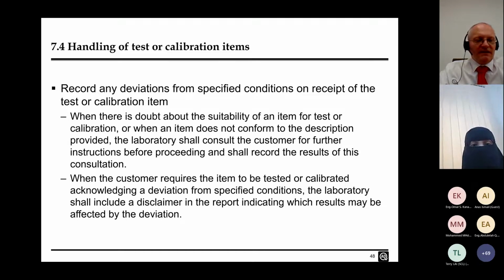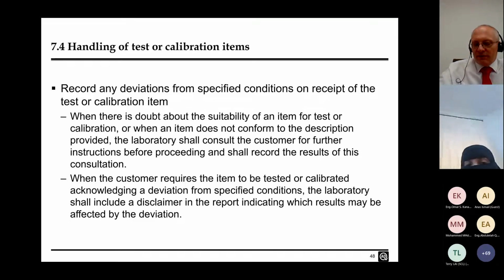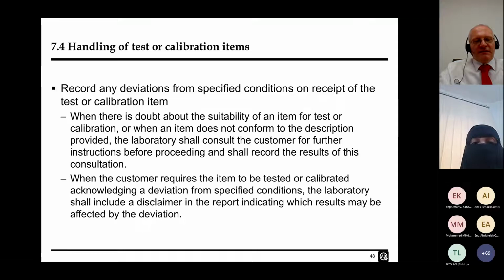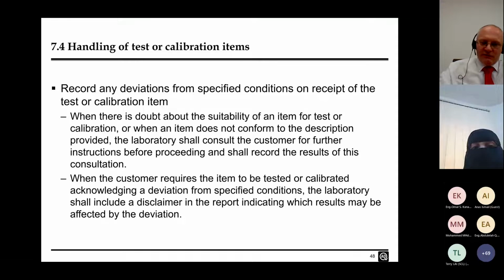Sometimes you get an item that's not what you were expecting, perhaps, or it's damaged in some way. And this is what we're looking at here: any deviations from specified conditions on receipt of the test or calibration item. Someone may send you something and you're not sure whether it's suitable for calibration. It may have been damaged.